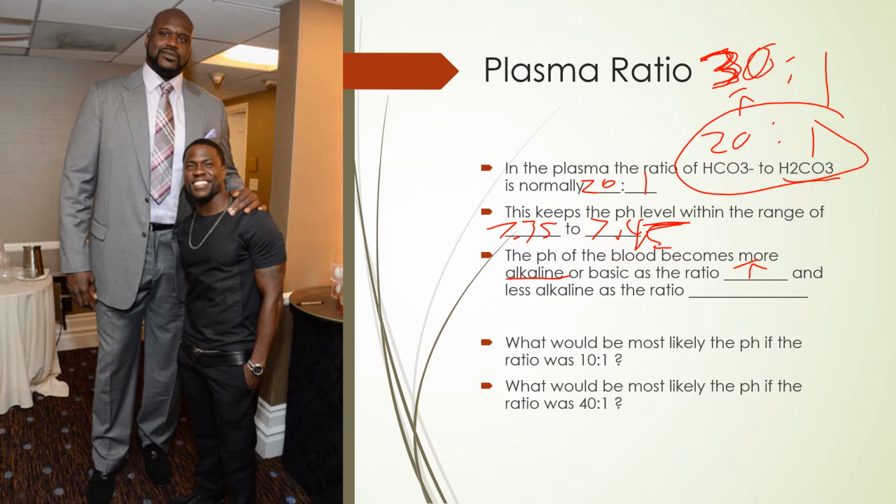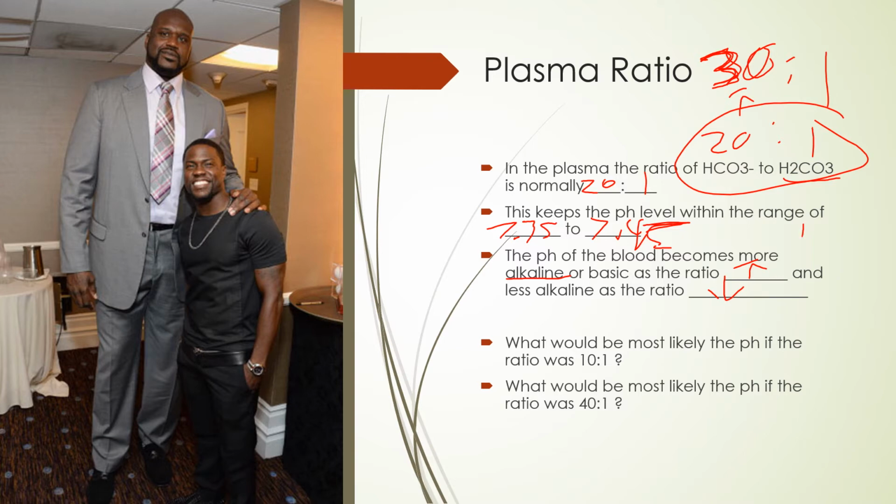Does that make sense? I could easily ask you, if I have a ratio of 30 to 1, what's most likely the pH? Would the pH be acidic or alkalotic? You would say it's more basic or alkalotic because the ratio is increased. It would be less alkaline as the ratio decreases. So let's say I have the normal 20 to 1.